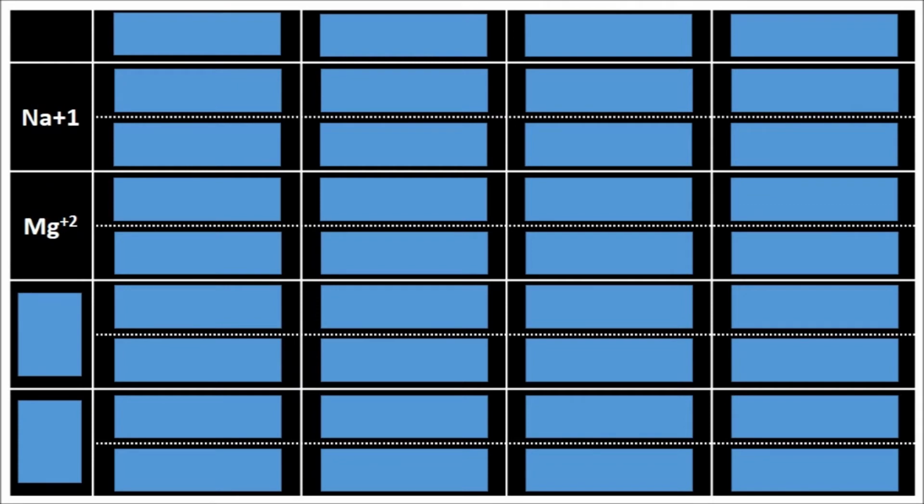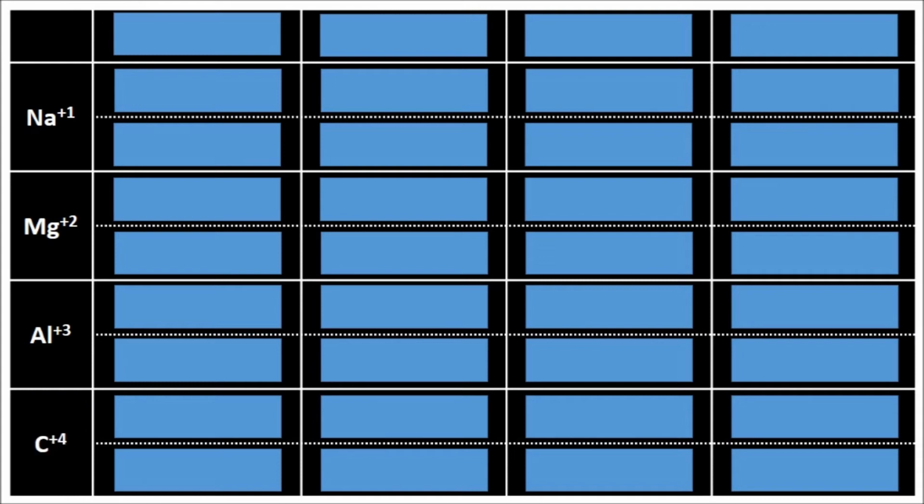So here I have magnesium, and then I have aluminum. Next I have carbon. Remember, if it's on the left, it's going to be a positive ion, and if it's on the right, it's a negative ion. If it's a negative ion, it wouldn't be carbon, it would be carbide.